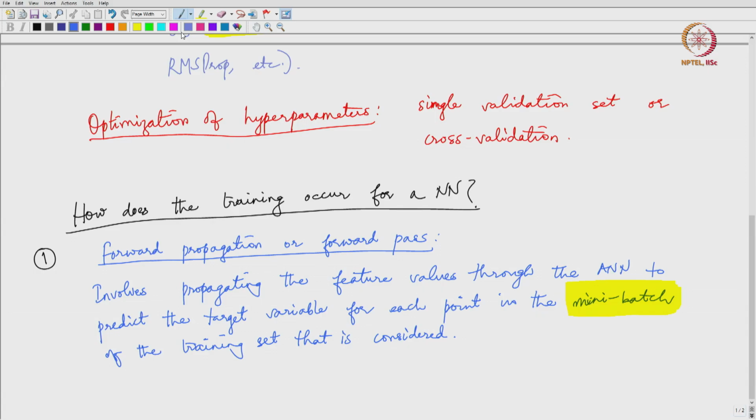Okay. And of course, what this will involve is that your data has to propagate through the network.